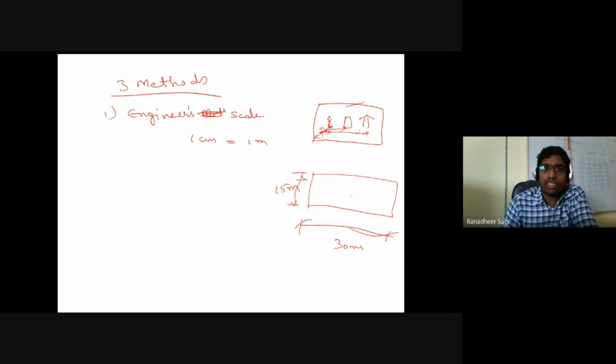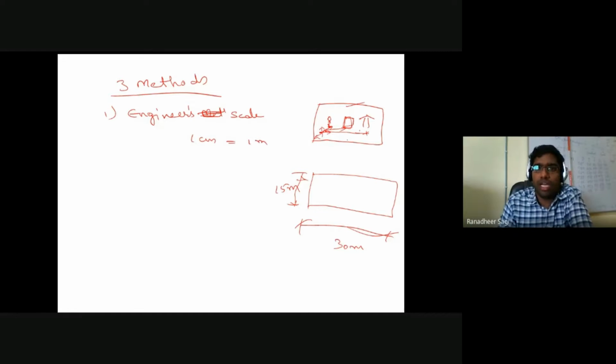We don't represent the exact dimension of the building, because the drawing sheet is limited in dimension. So we convert the exact dimensions with an appropriate scale, and the building which is 30 meters by 15 meters in the field is represented on the drawing sheet with a certain small dimension.